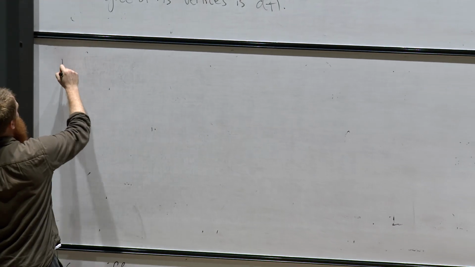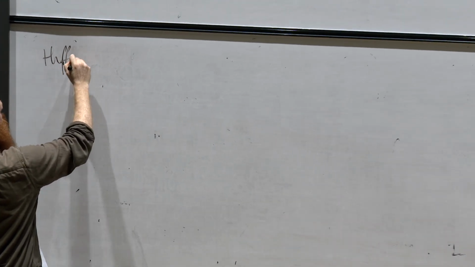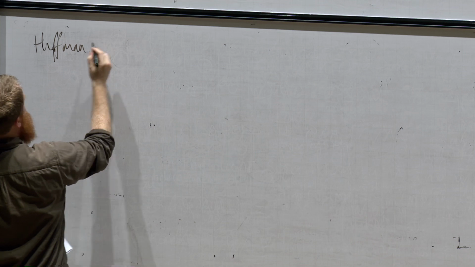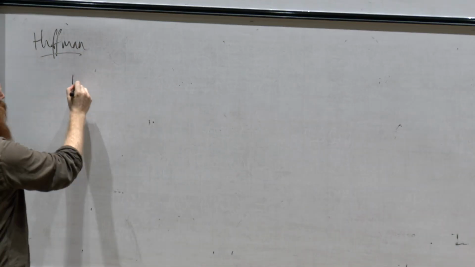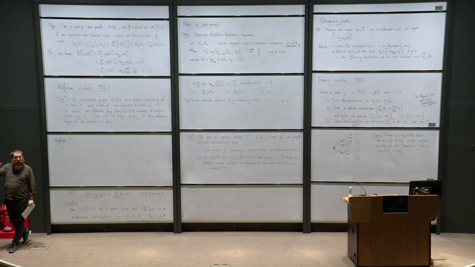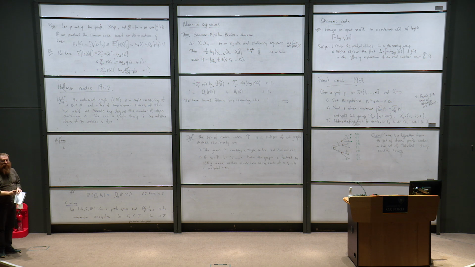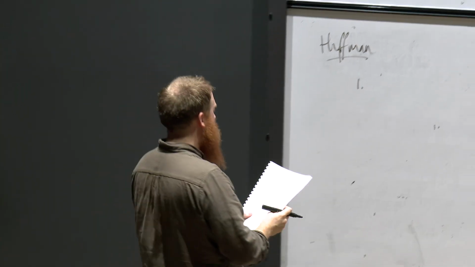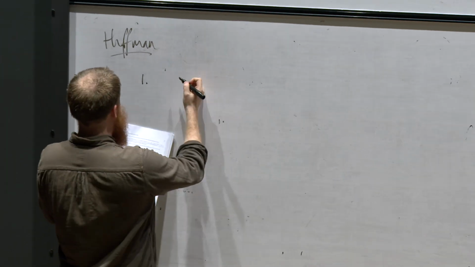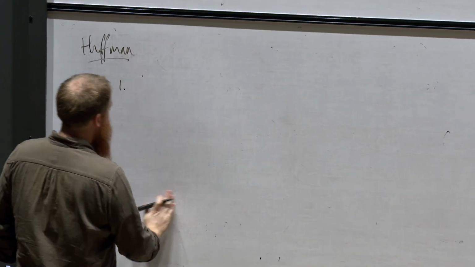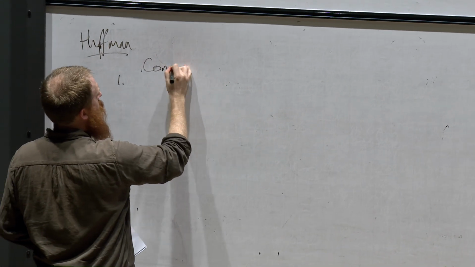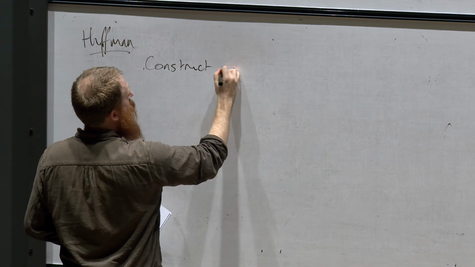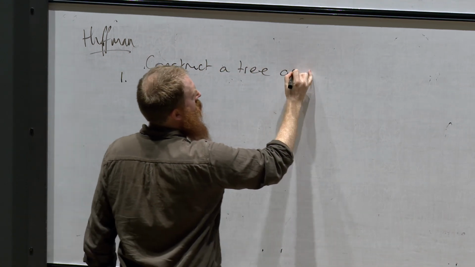So, Huffman. Step 1, you do not need to order the probabilities. This is a great thing, except you've got to search them. So step 1, you construct a tree as follows.